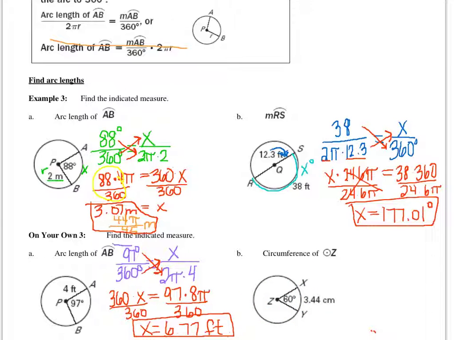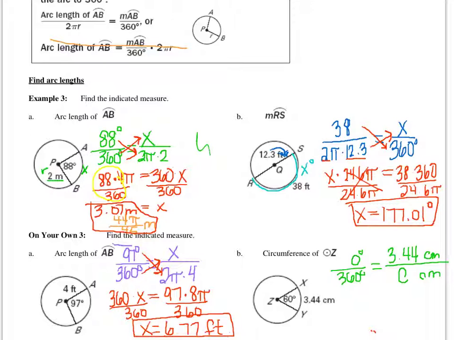So we can say 60 degrees out of the total, which is 360 degrees, equals, and my arc length is 3.44 centimeters, out of my entire circumference, which is just c centimeters. I don't know what c is yet, so that's what we're trying to find.